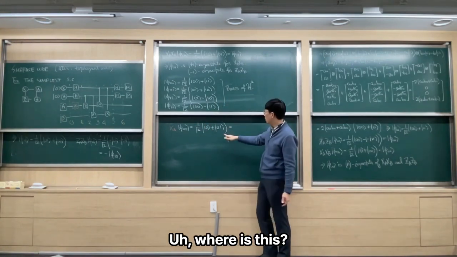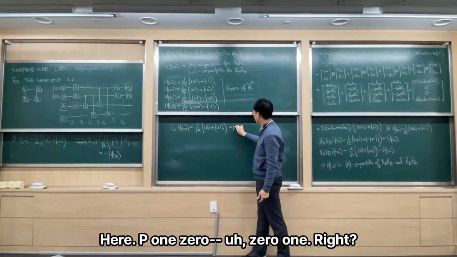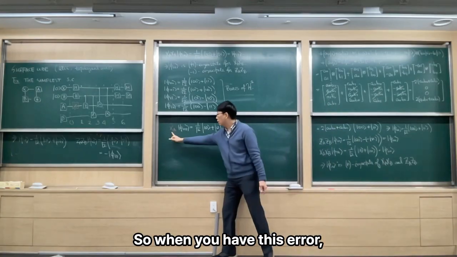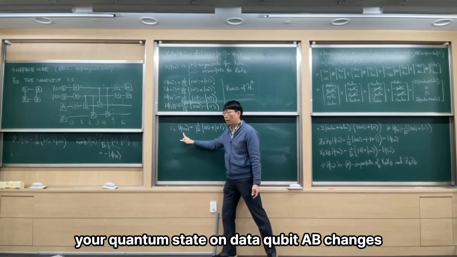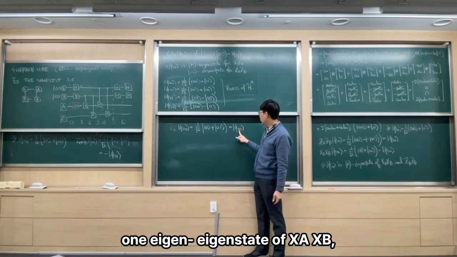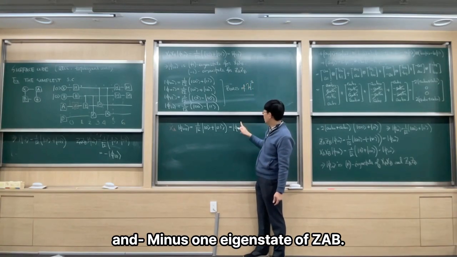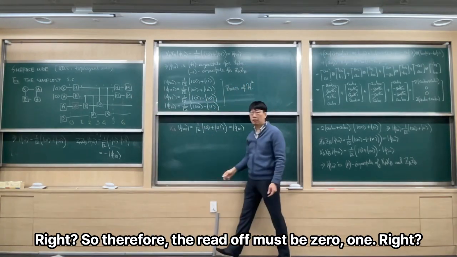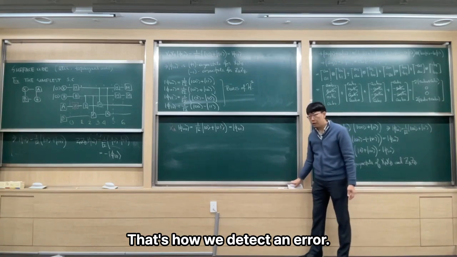Here, phi 1, 0, 0, 1. Right? So when you have this error, your quantum state on data qubit AB changes to a quantum state whose eigenvalue is +1 eigenstate of XAXB and -1 eigenstate of ZAZB, right? So therefore, the readout must be 0, 1, right? That's how we detect an error.